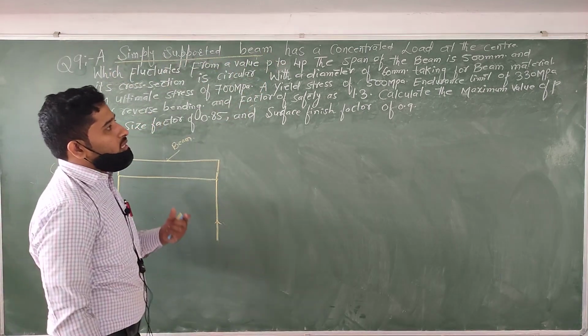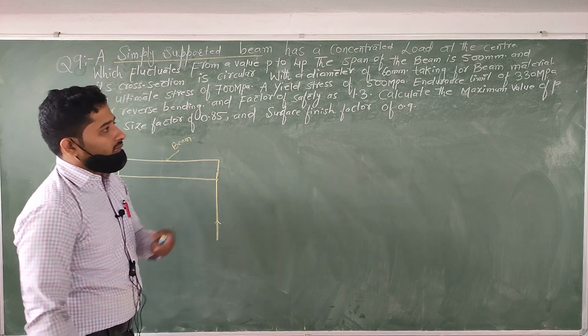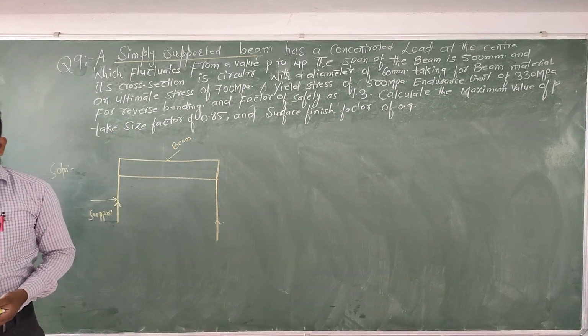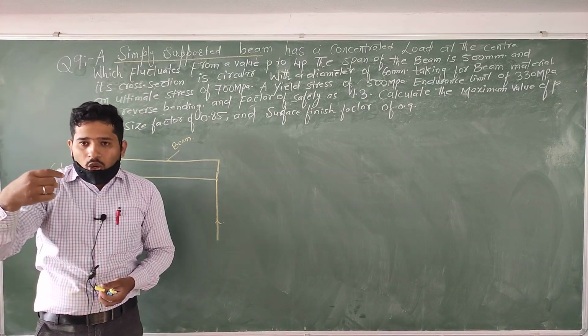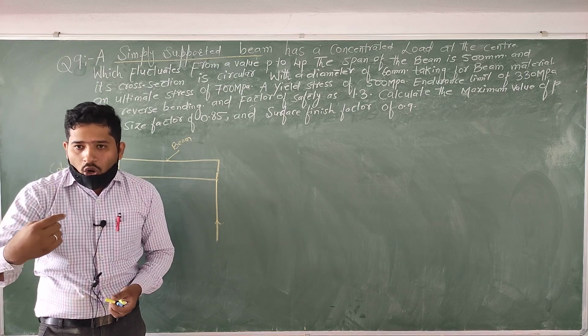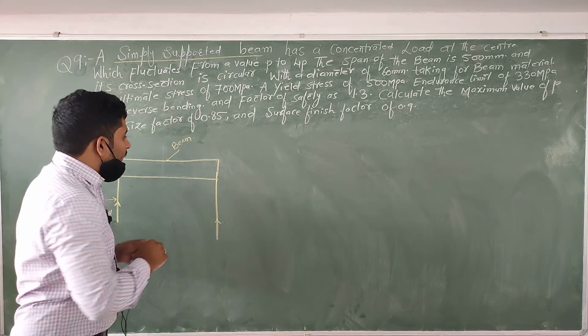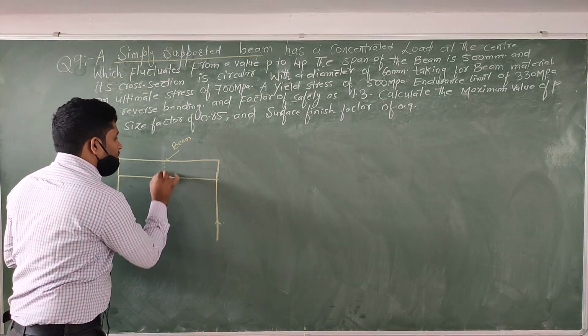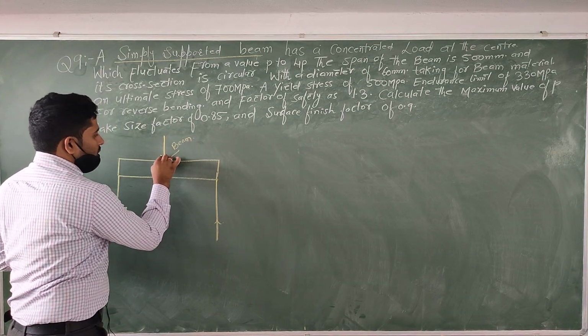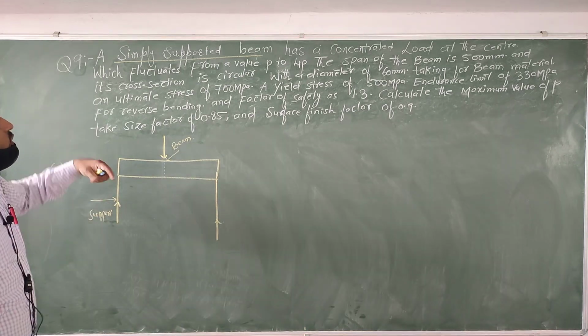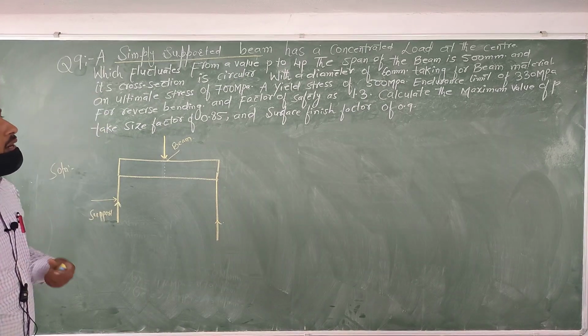The beam has a concentrated load at the center. The concentrated load is nothing but the point load. Where is the point load acting? At the center point. It fluctuates from a value P to 4P.